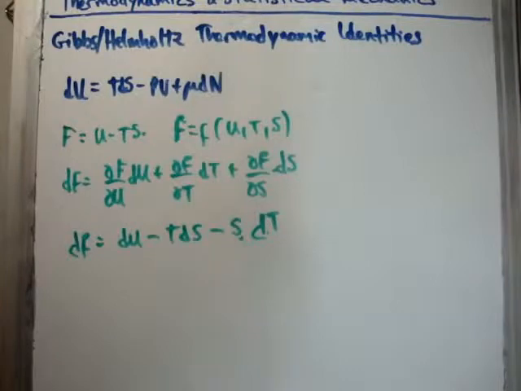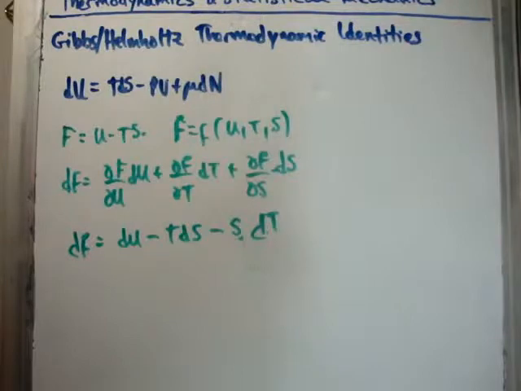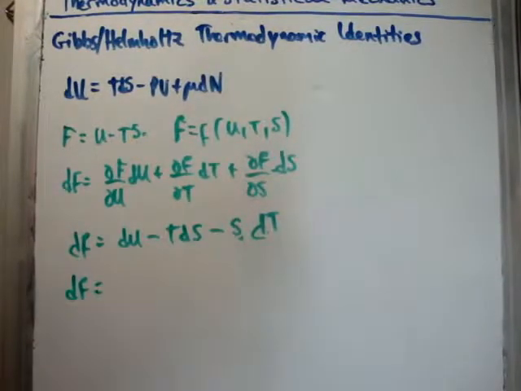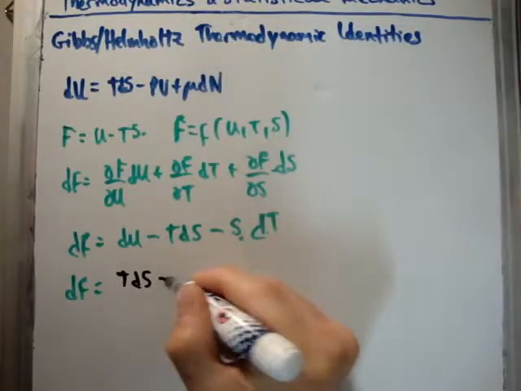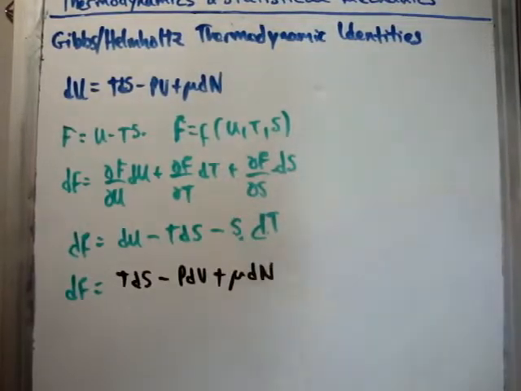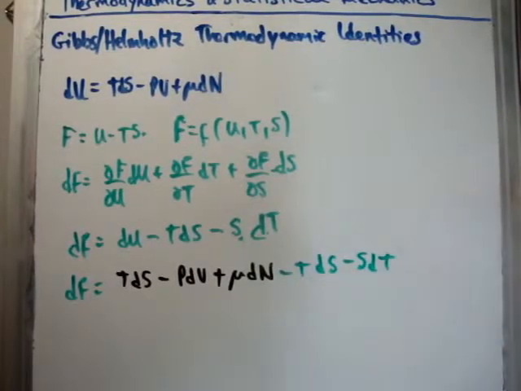Now, we have dU, and we can plug it in because we already have what dU is here. So we're going to get that dF is equal to TdS minus PdV plus mu dN, and then we're going to have our two other terms of negative TdS minus S dT.